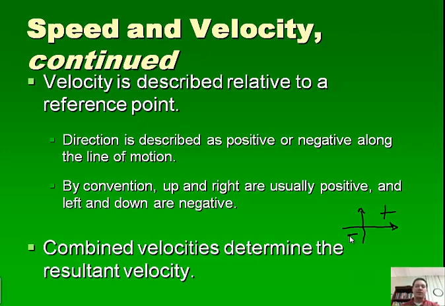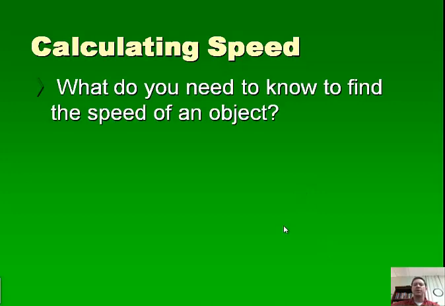And this is just some conventions that we use in physics to indicate whether something's moving in a positive direction or negative direction, either up or down, left or right. So we see on the speedometer how to read speed: miles per hour, meters per second, kilometers per hour.